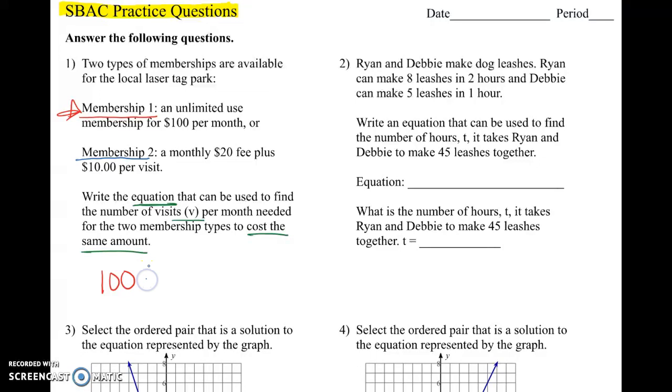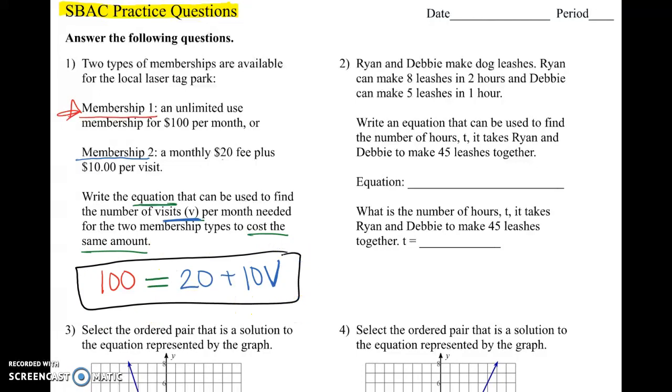And that's going to equal membership 2, which is a monthly fee of $20 plus $10 per visit. And I used V for the visits because that's what is given to me here. Now it doesn't ask us to solve this, it just asks us to write an equation. So that right there is an equation that we can use to find the number of visits per month.